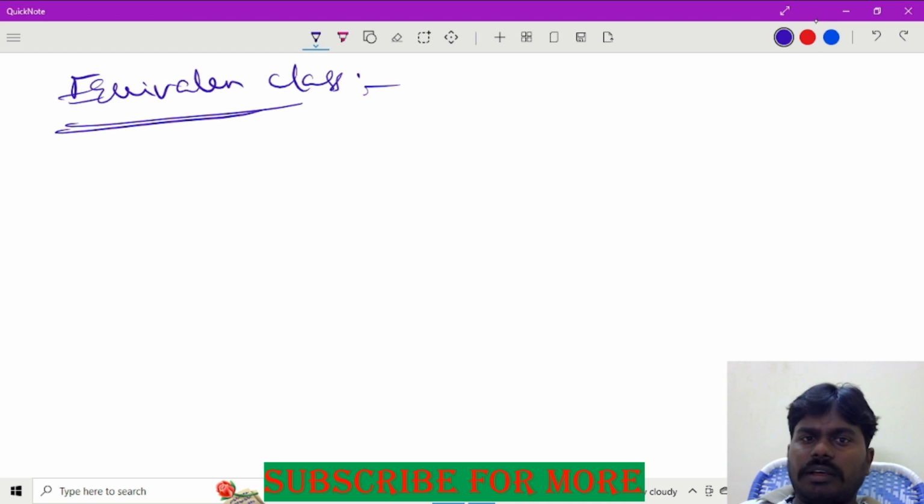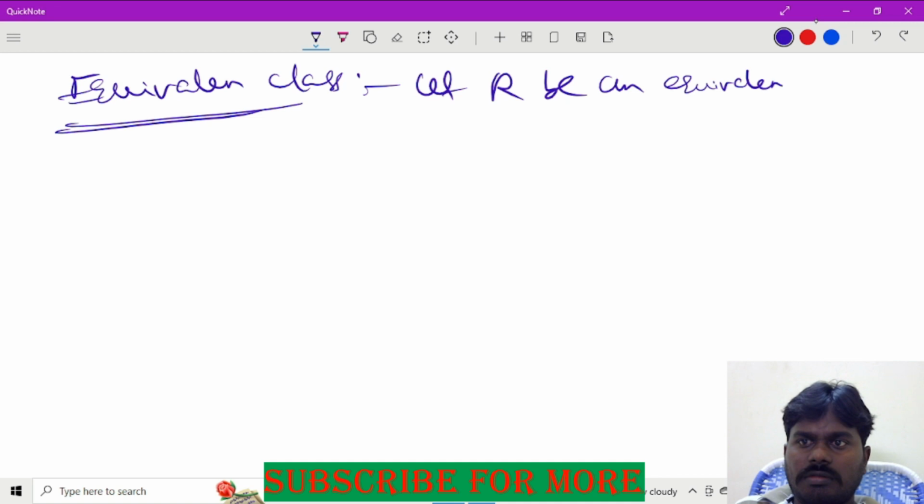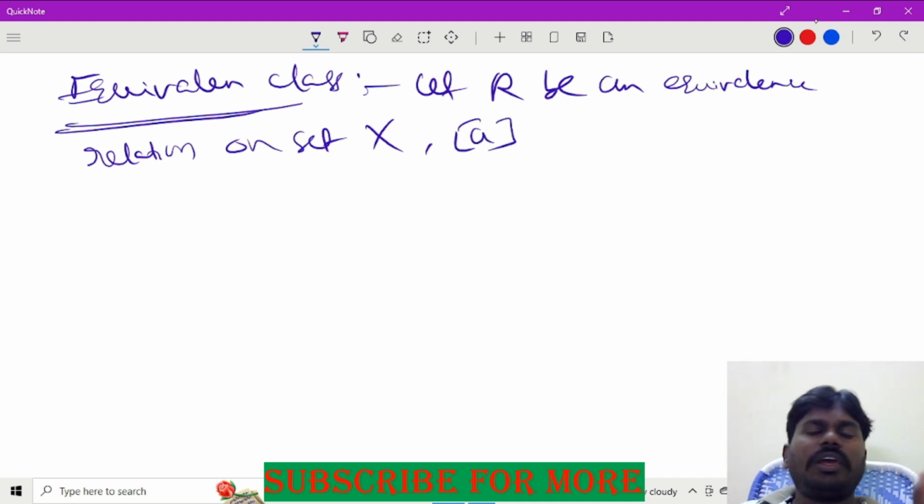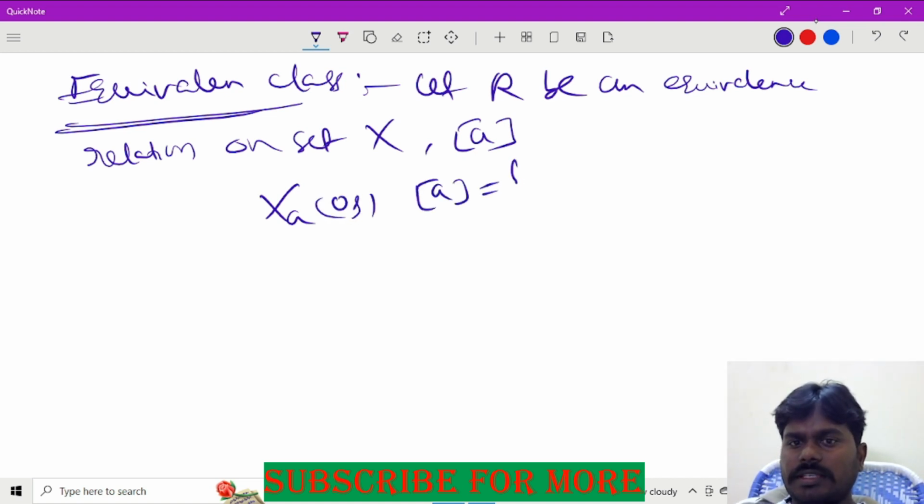So here first I am taking any relation R. Let R be an equivalence relation on a set, suppose X, and the equivalence class of an element a of X is denoted by [a], which is defined as [a] = {x ∈ X such that x is related to a}, meaning x is an element in capital X such that x is related to a.